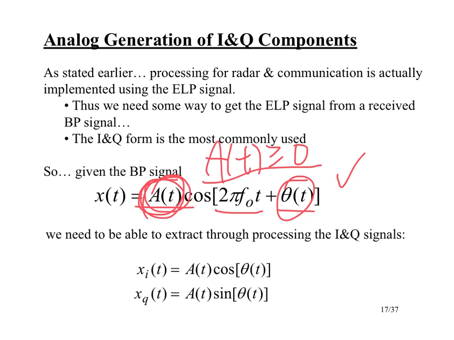So we could allow A of t to be negative as well as positive, but we don't lose anything by constraining it to be greater than or equal to 0.